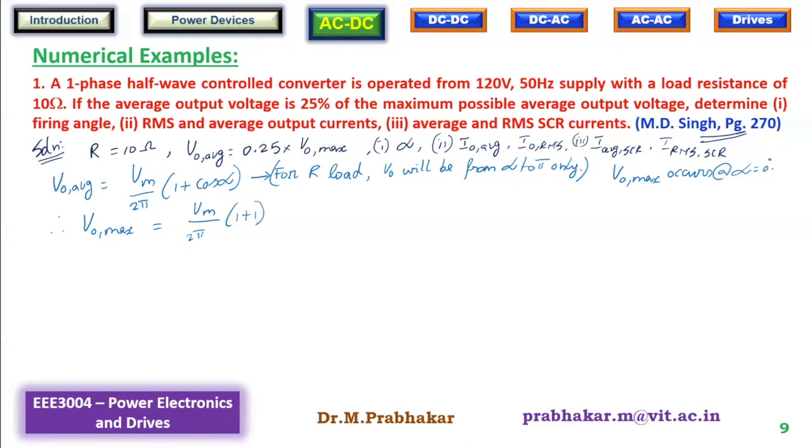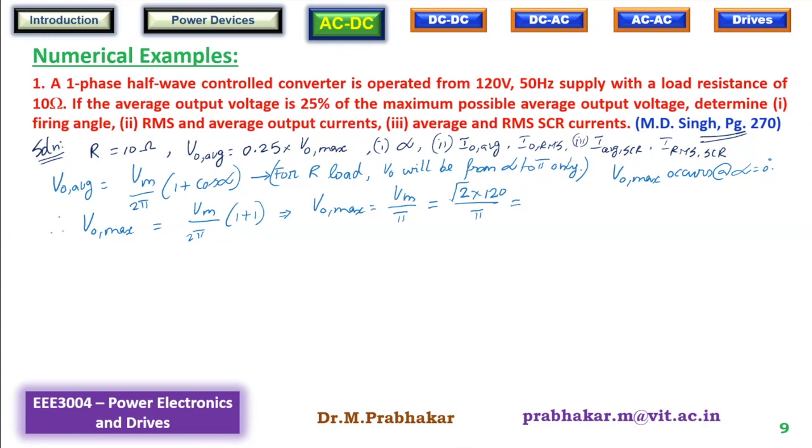So 2 will get cancelled. This would give me V naught max as Vm by pi. This also can be found out as root 2 into V rms, which is 120, divided by pi. So this value can be found out.